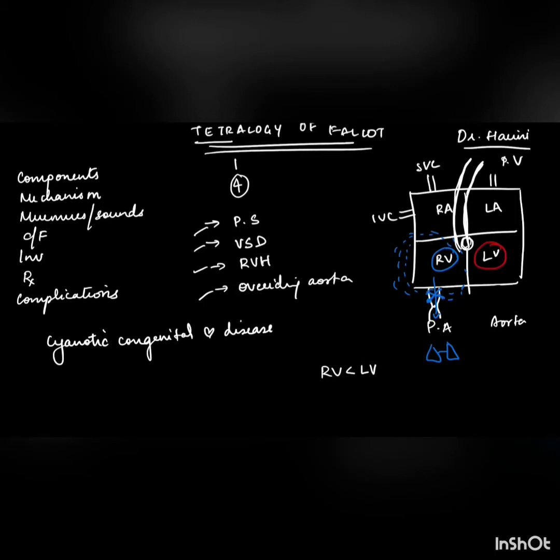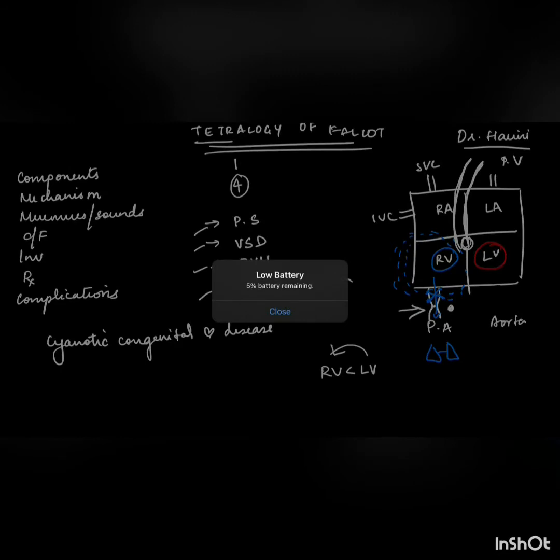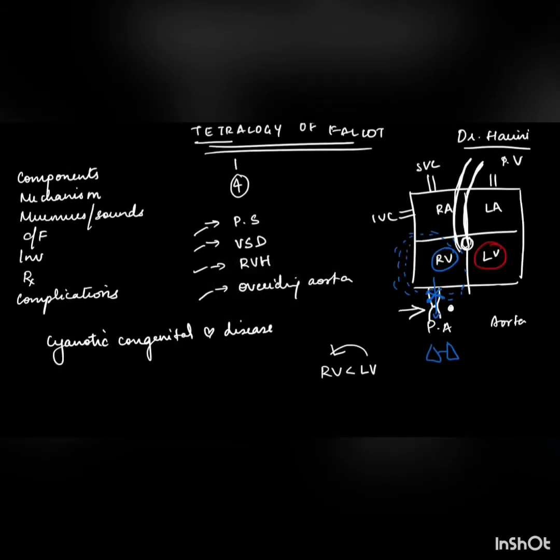So invariably blood will flow from the region of high pressure to low pressure. But what happens in this congenital disorder is that because of the pulmonary outflow obstruction, this stenosis, there is outflow obstruction to the right ventricle, so there's accumulation of blood here, leading to increased pressure in the right ventricle compared to that of the left ventricle.